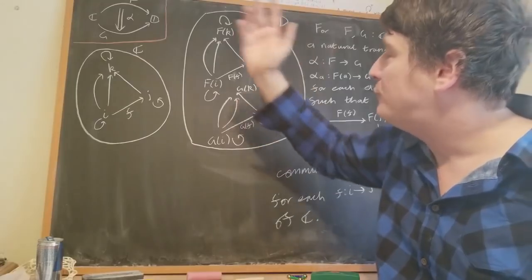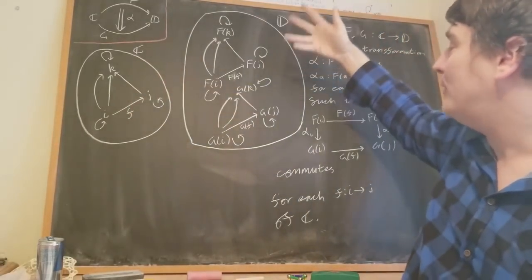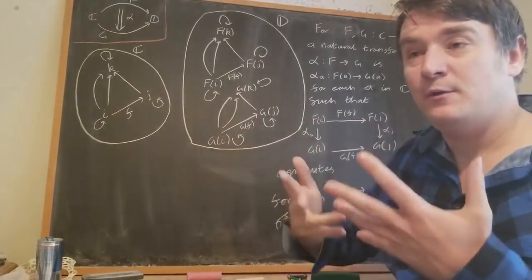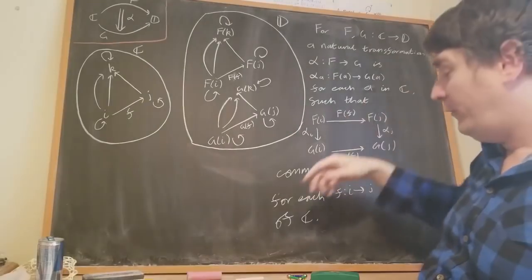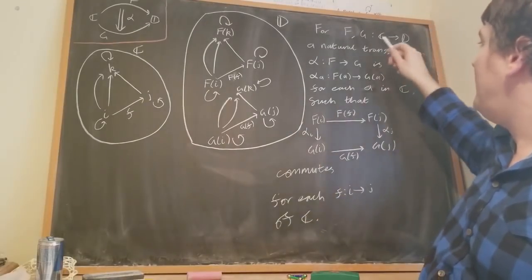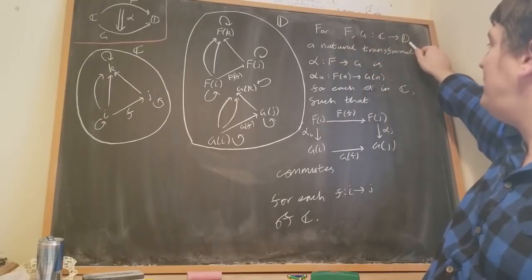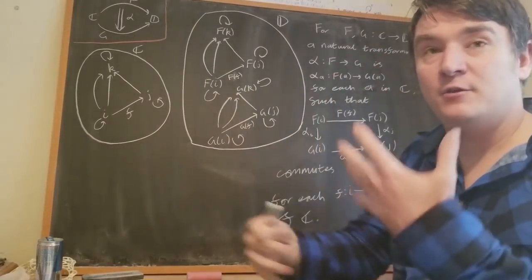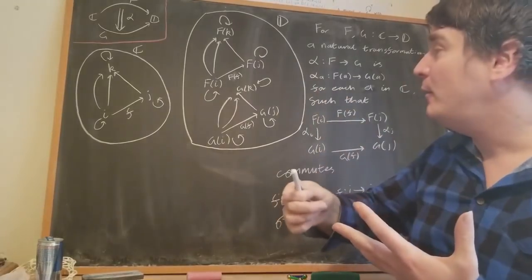So I've drawn an example category C and part of an example category D, and I'm going to show you what a natural transformation between them looks like. If we have a couple of functors F and G and they both go from C to D, then what a natural transformation really is, is a family of arrows.